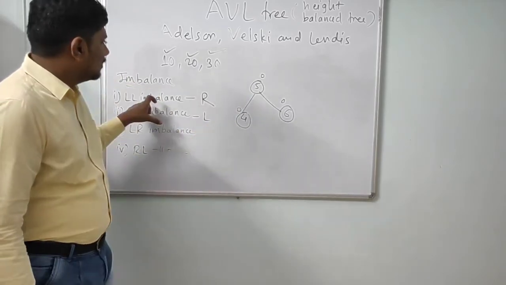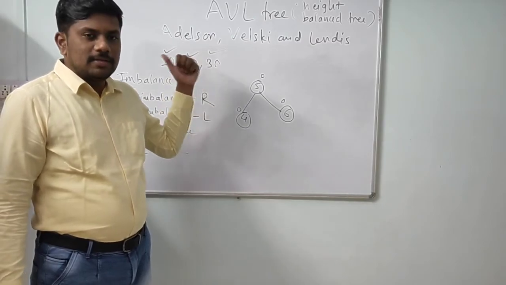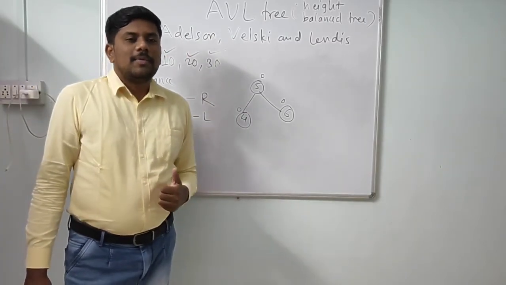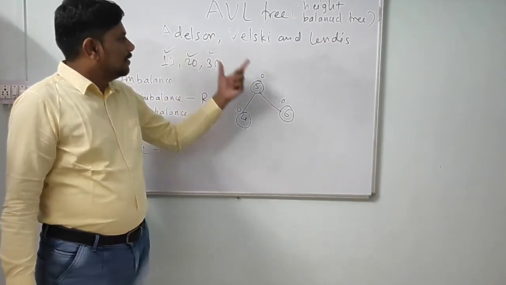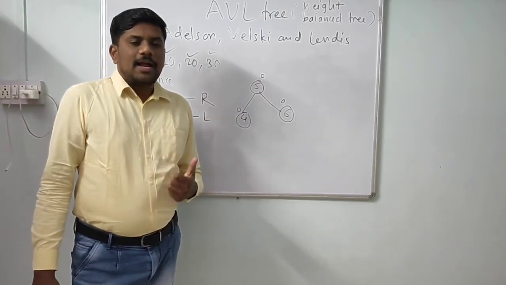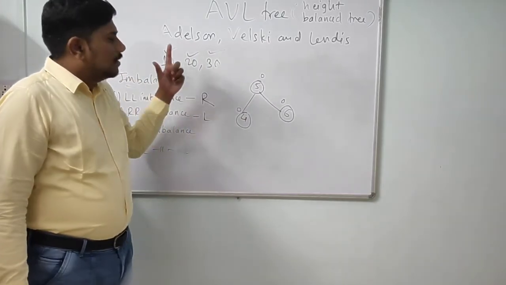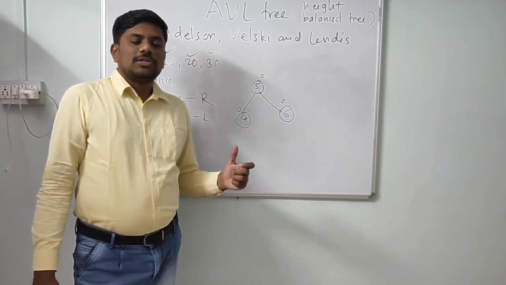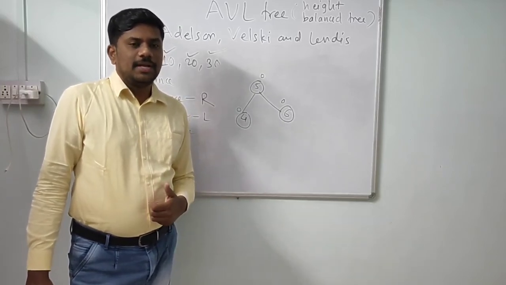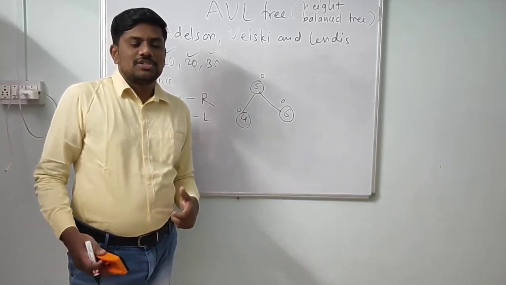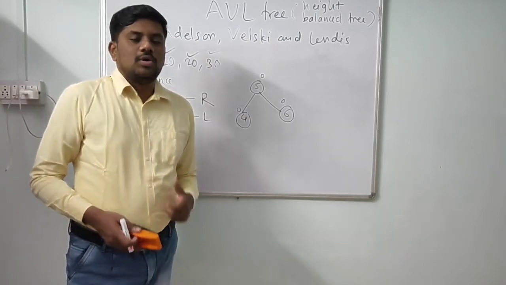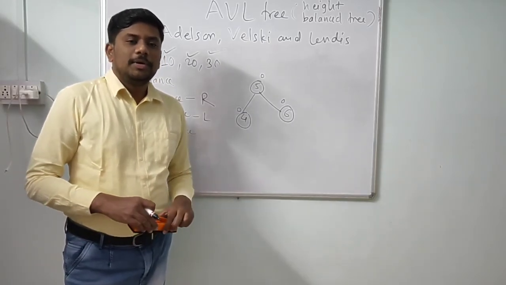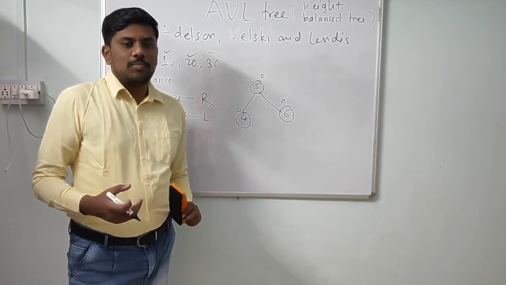So this is all about the AVL tree definition. AVL tree was invented by 3 computer scientists, Adelson, Velsky and Landis. And why was it invented? Because there was a drawback of binary search tree. If the binary search tree is left skewed or right skewed, then we get O(n) complexity, that is the worst time complexity.